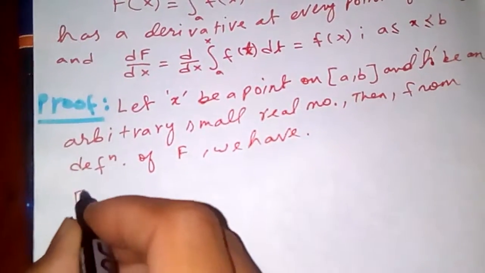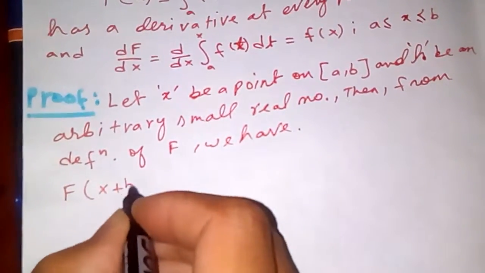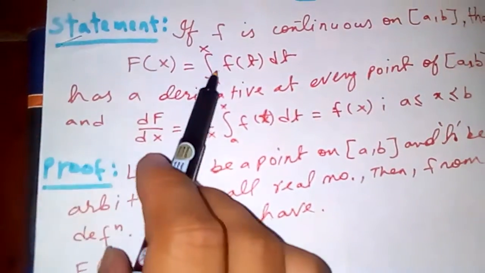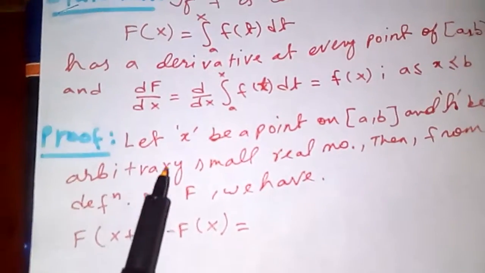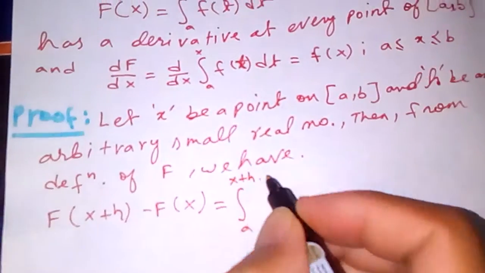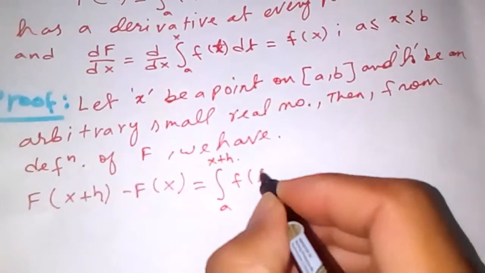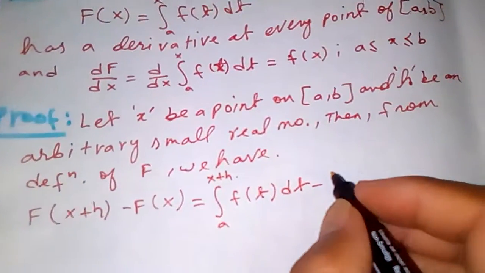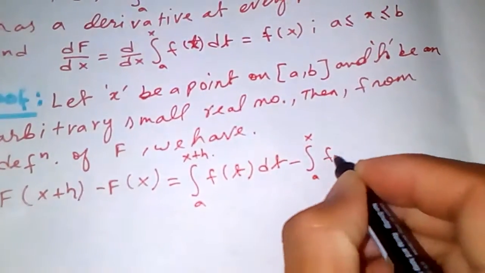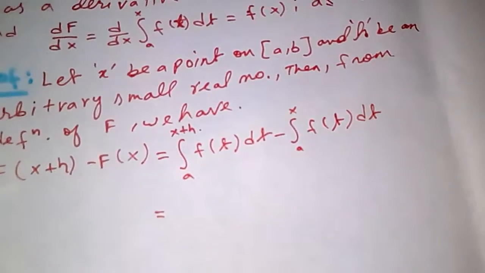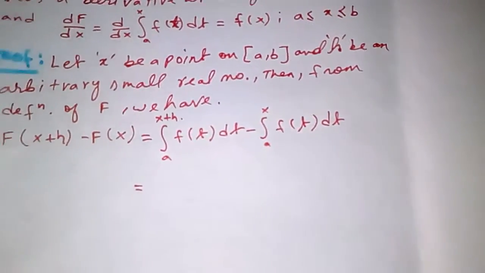So if I take F of x plus h minus F of x, F of x plus h will be the integral from a to x plus h of f of t dt, minus F of x, which is the integral from a to x of f of t dt. Here we use properties of integrals, which we are going to prove in a later part.